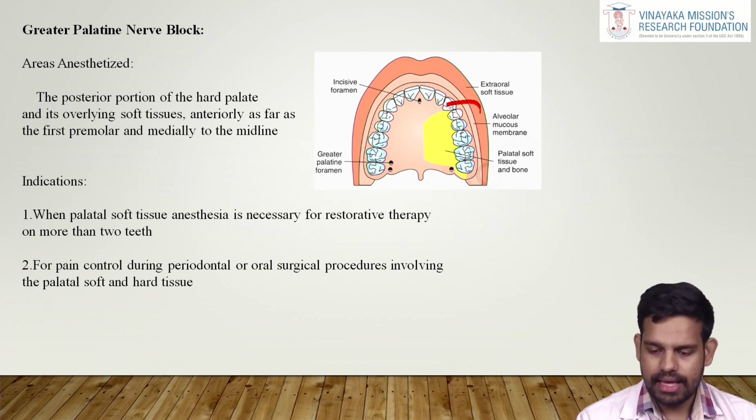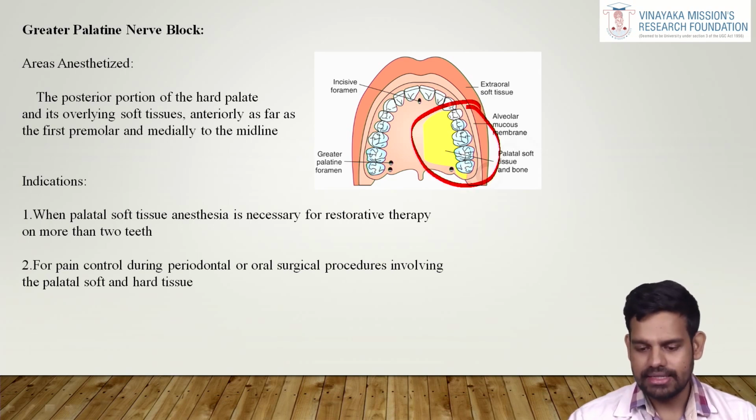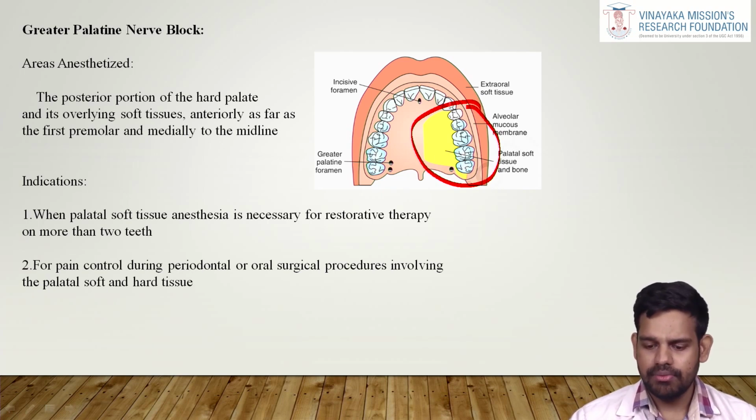So here you can see the areas that are going to be anesthetized after greater palatine nerve block, the palatal mucosa from the first premolar to the last molar, and this is your greater palatine foramen through which the greater palatine nerve comes out.